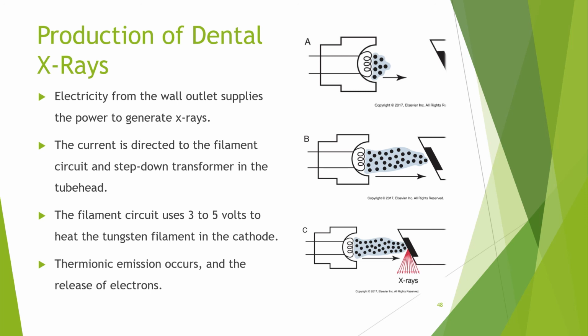It's going to heat that tungsten filament up in the cathode, and you can see that little cloud of electrons floating around that tungsten filament. The thermionic emission does occur, and some of that is released and it is absorbed by the oil. All of this takes place without ever having to press the exposure button. Due to the energy used simply by keeping the machine on, the unit should be turned off every night, and ideally anytime you're not using it for long periods of time.